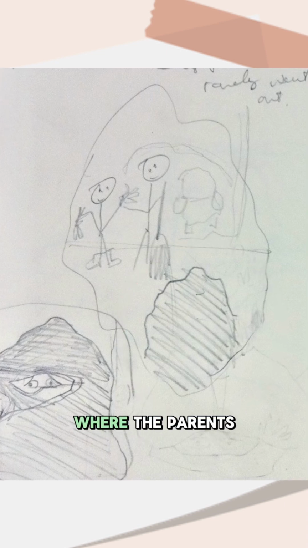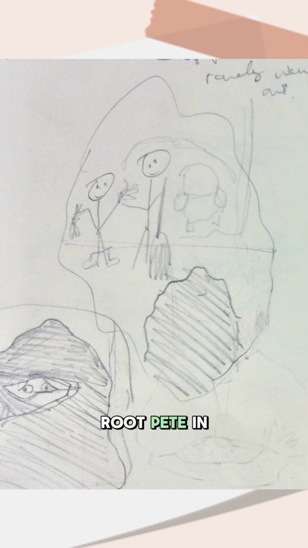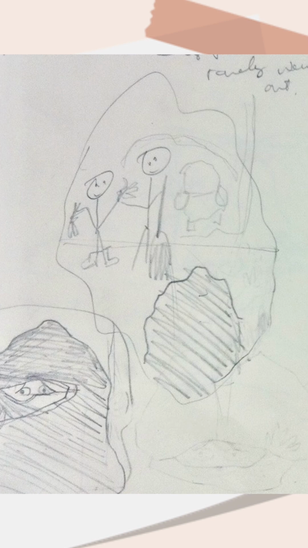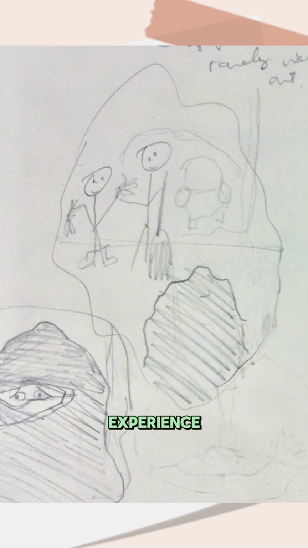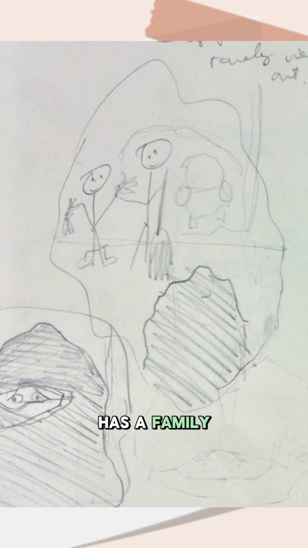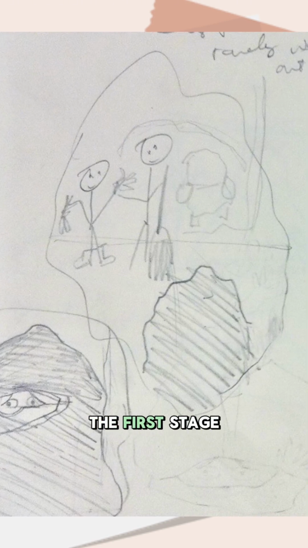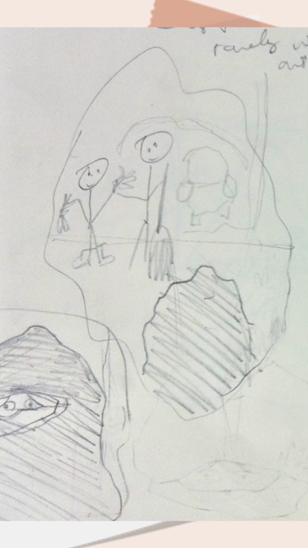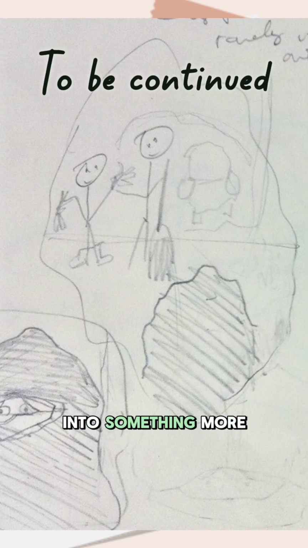This is the only image within the entire story where the parents are there, and I thought that was pretty important to kind of root Pete in the story itself, to make sure he's not just some child out there having some random experience, but he also has a family and he has roots. So this is the first stage of the process of turning this illustration into something more.